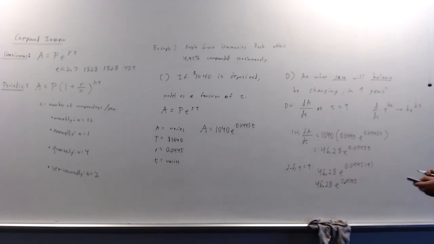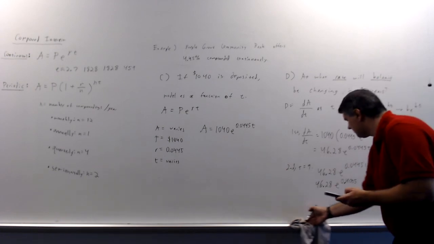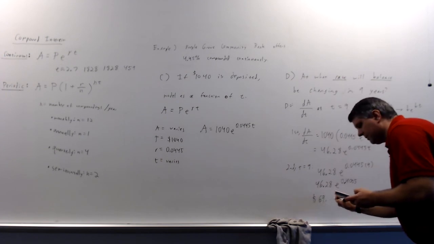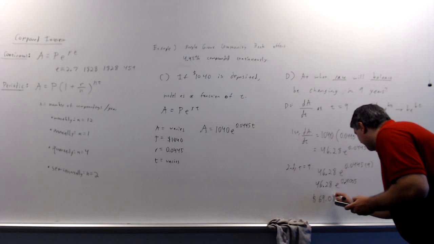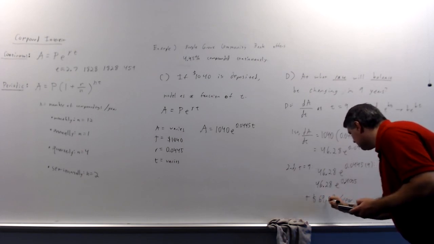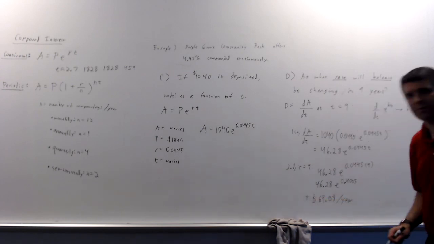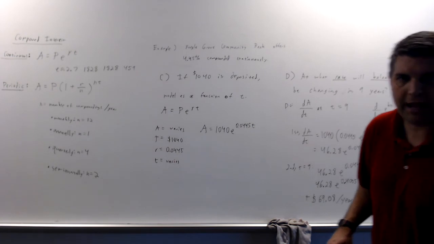All right, so 46.28 times shift ln 0.4005, and I get $69.08 per year. Okay, it's growing at $69.08 per year. Okay, when we get to that point.